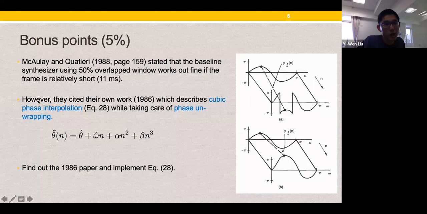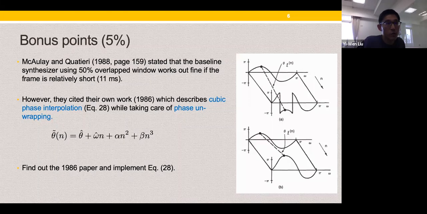However, they cited their own previous paper, arguing that a better way for synthesis, first of all the phase part, is interpolation, okay, not just superposing windowed signals.